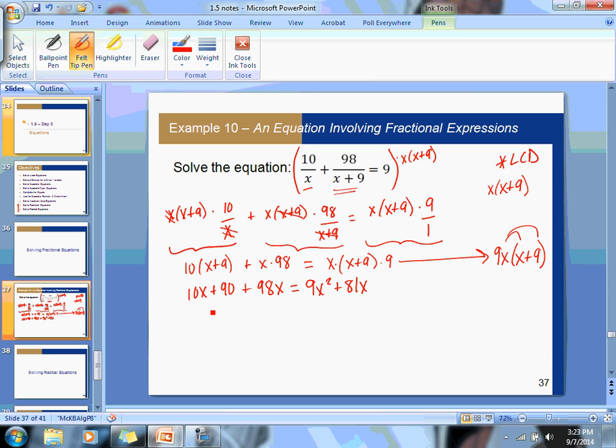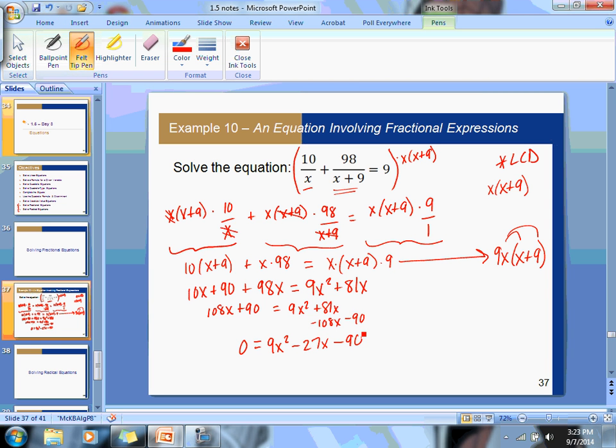So we've got 108x plus 90 is really what's over on this side of the equal sign. So I'm going to subtract the 108x, and I'm also going to subtract the 90. So then I'll end up with 0 equals 9x squared, and then I'm going to have minus 27x minus 90.